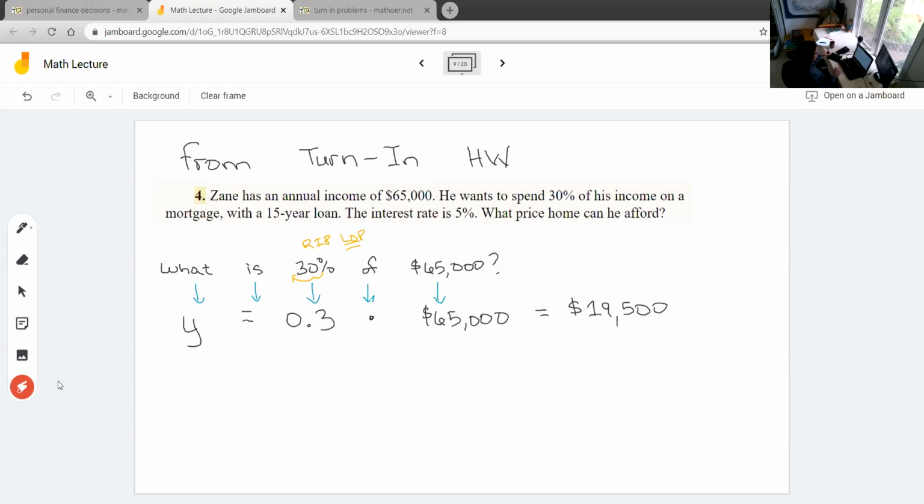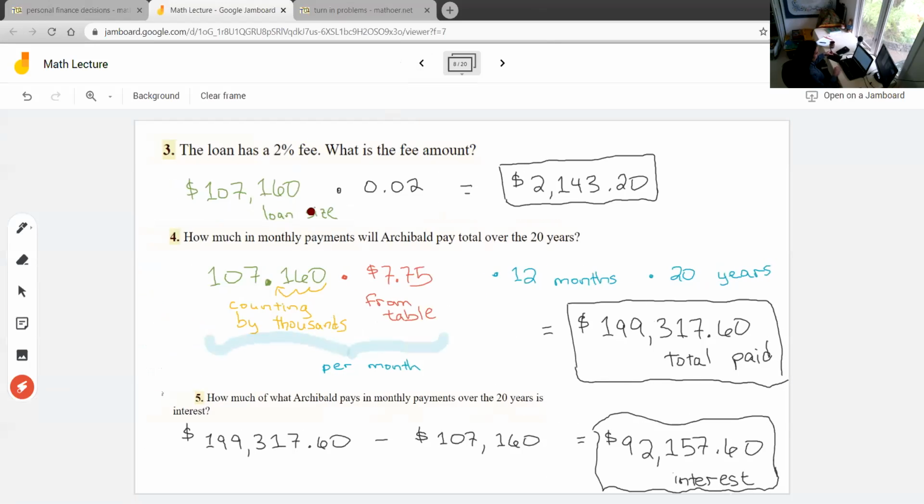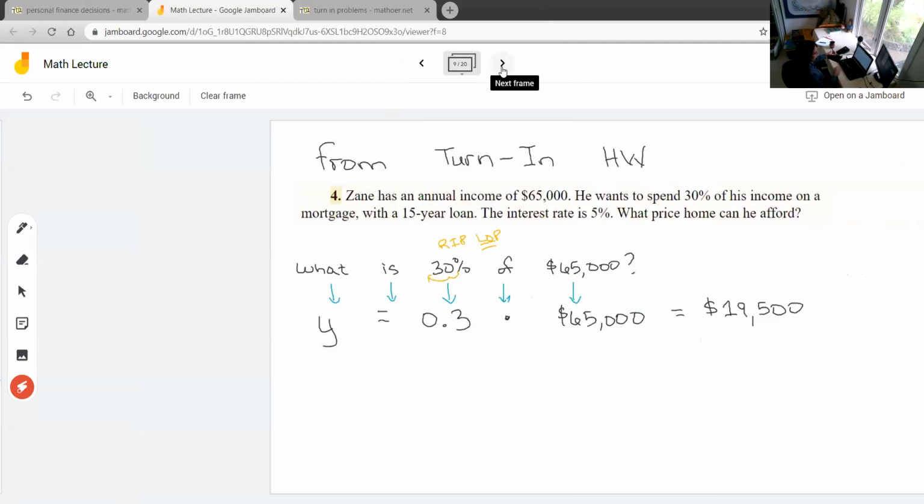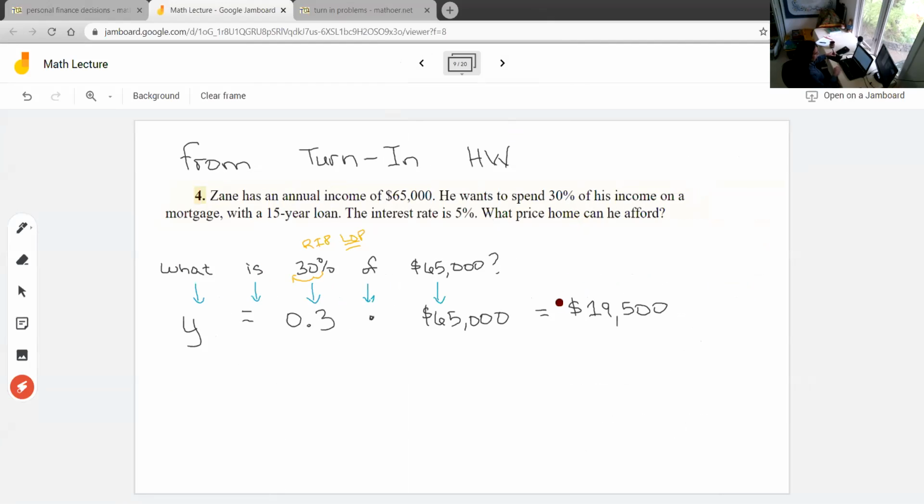Let me re-ask that. This number is way too big to be a monthly mortgage check. So, we gotta do the 3 scoot. No, the 3 scoot is to say I am looking at an actual mortgage amount, a loan size, and I'm changing it to be how many times I'm counting by thousands. So that's not what we're doing here. This isn't a loan size. This is what he wants to spend on his mortgage, but it's not per month.